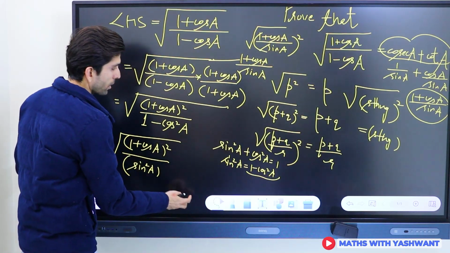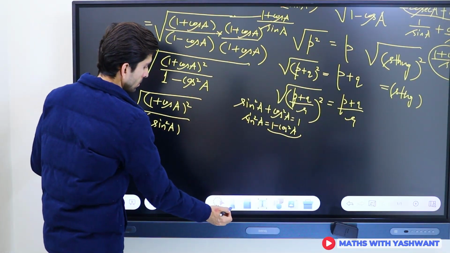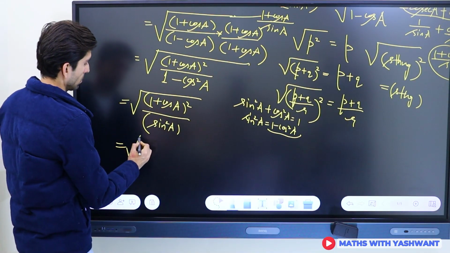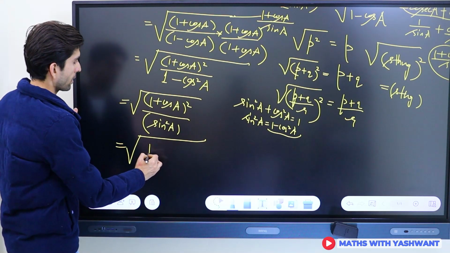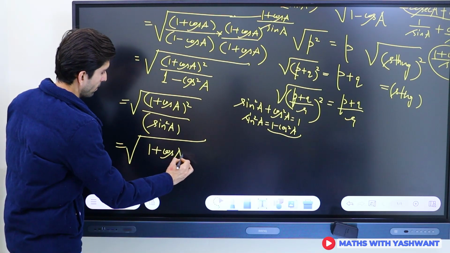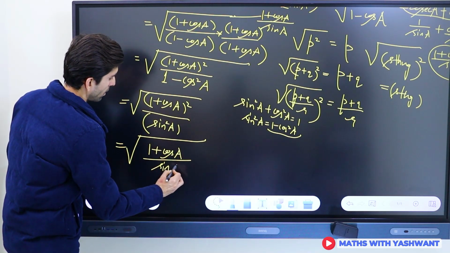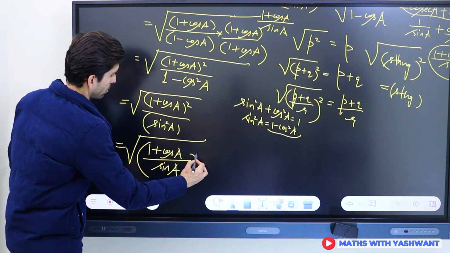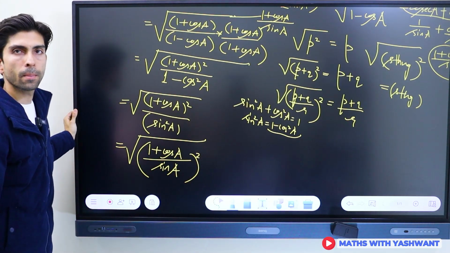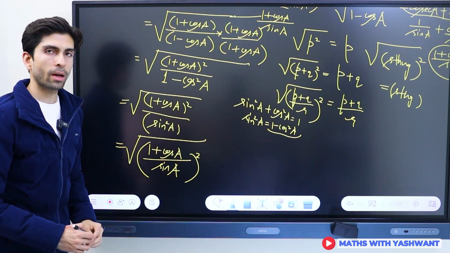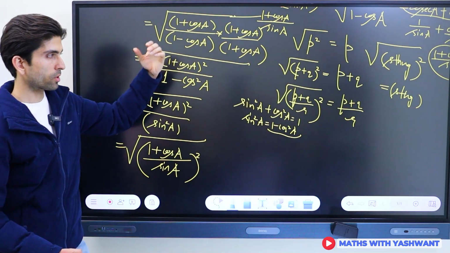Now, with further simplification, we can write 1 plus cos A upon sine A whole square. Now this can be taken outside the square root, just as I told you.